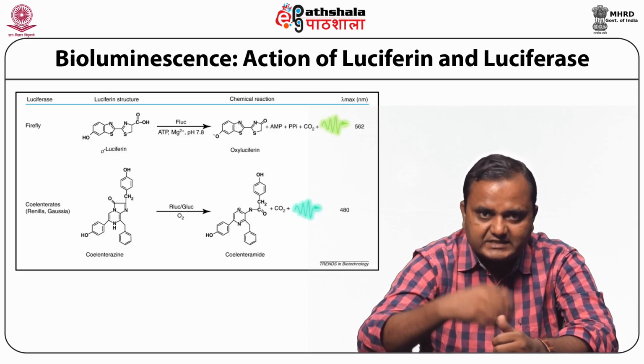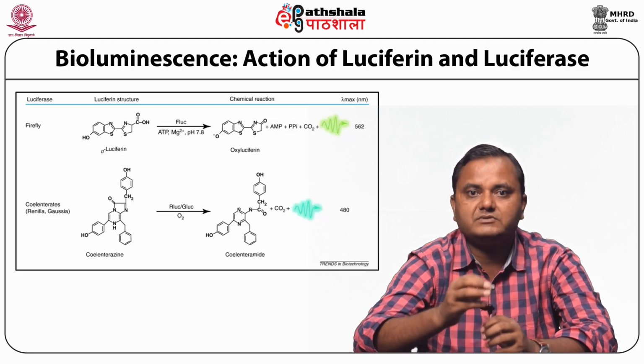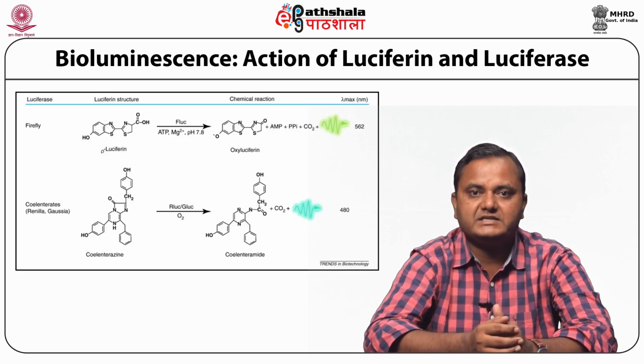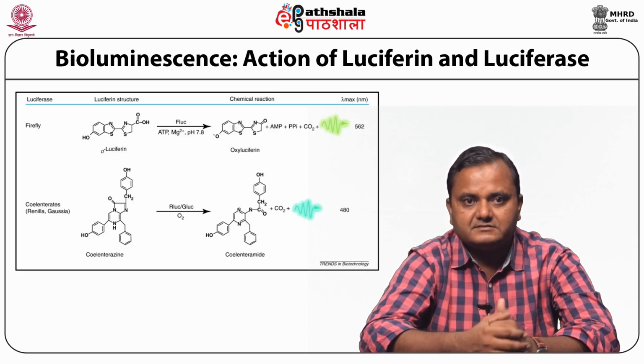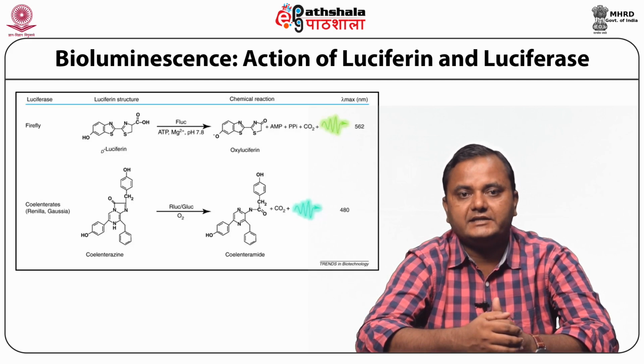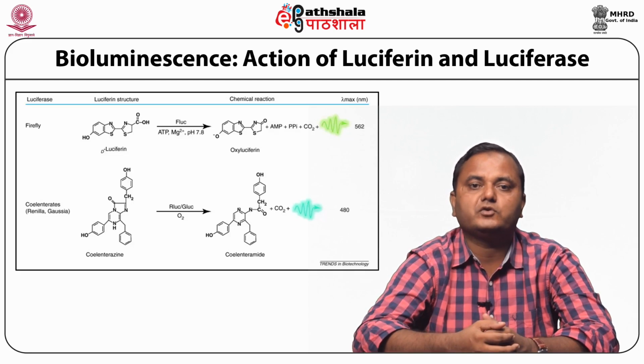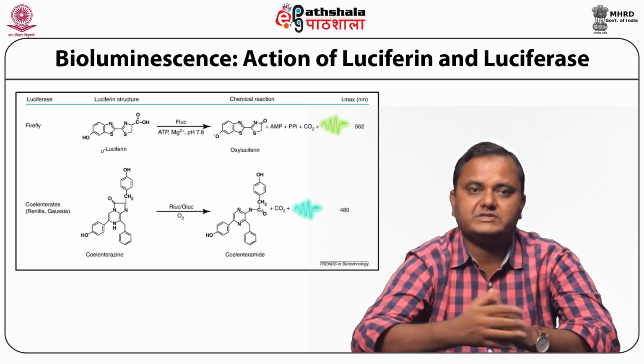The luciferin reacts with ATP to create a new compound. This new compound then reacts with luciferase, which adds oxygen, creating a new compound that decays quickly by emitting a photon of light. That's the oxyluciferin.